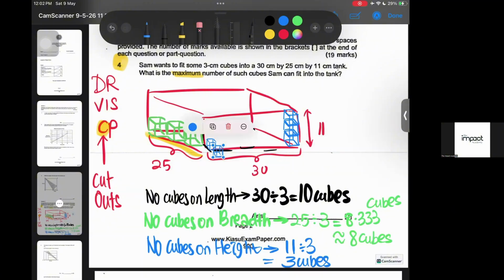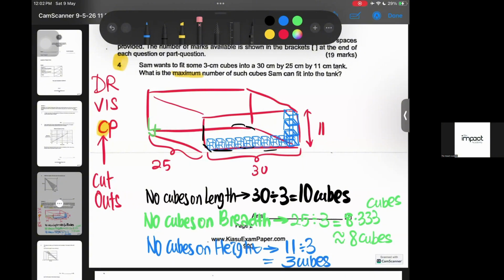Can you see or not? I'm putting 10 of these on the length. 4, 5, 6, 7, 8, 9. Then you realize, no space already. Agree or disagree? How many on the breadth? 8 of these. 8.